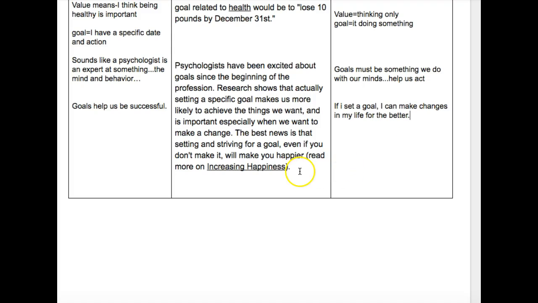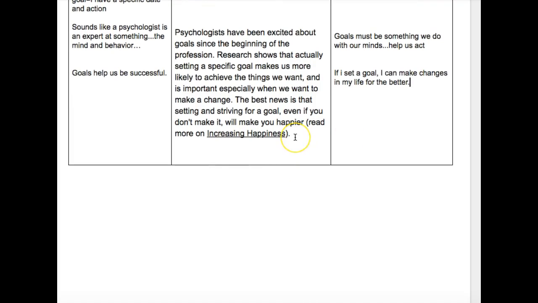Okay, the best news is that setting and striving for a goal. All right, I need to know what this means. I'm going to have to look this word up. Striving means reaching, trying to get there.